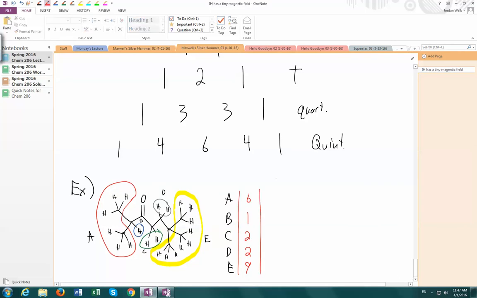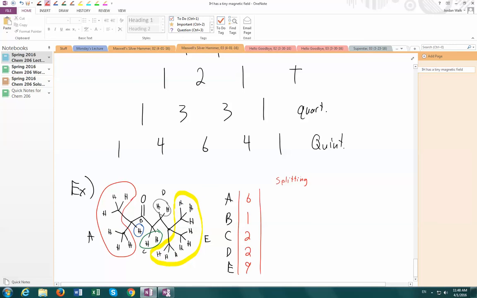And so importantly, I want to talk about the splitting or the multiplicity. When we look at signal A, we know it's going to integrate to 6 protons, but what's the splitting going to be? How do we figure that out? We look for neighboring protons that would give a different signal. Let's just pick one of these red protons. Is there a proton on the next carbon over? Yeah, there's the blue one.